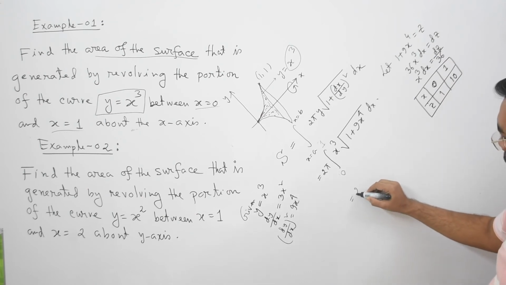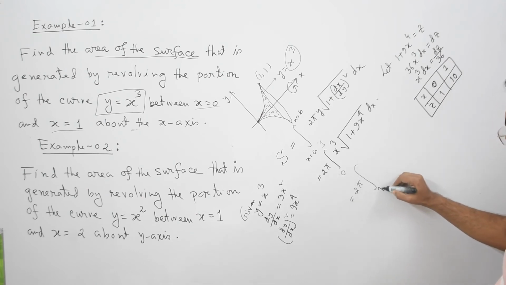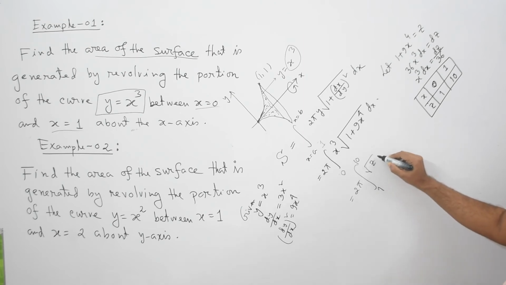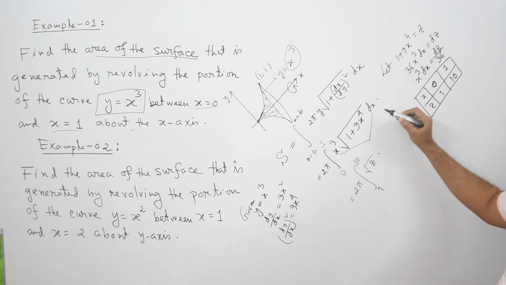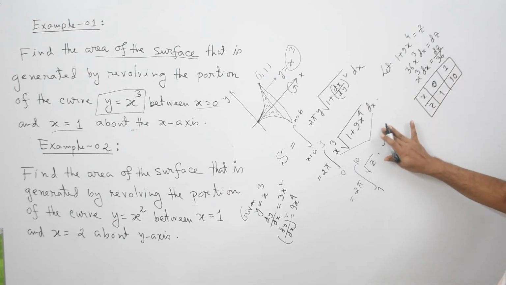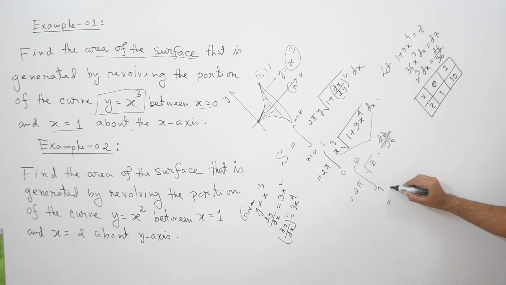So this integral becomes 2 pi, 1 to 10, root z times dz by 36. So this equals 2 pi divided by 36.